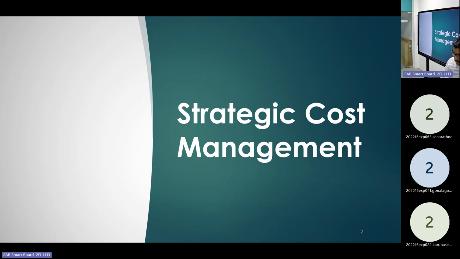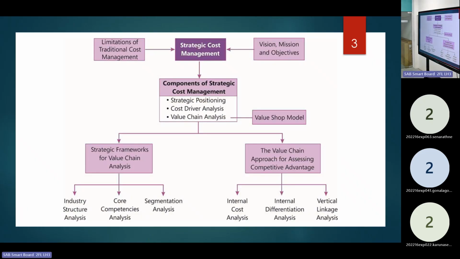Strategic cost management, right? That is our second topic. Here you see the basic areas that we are going to discuss in this topic.